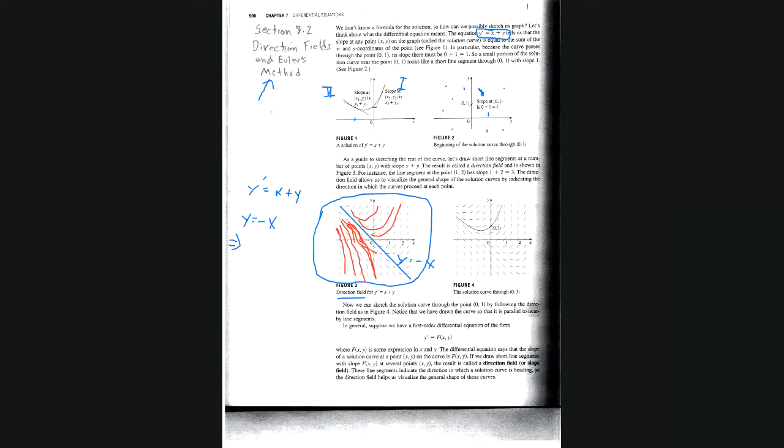The slopes are flat, right? All the tangent lines are flat along the line y equals negative x. So if that's the case, what's the slope of a flat tangent line?